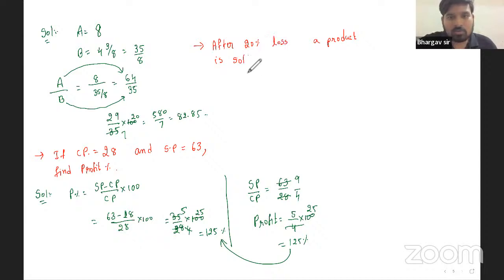A product is sold at rupees 64. Okay. Find the cost price. ऐसा एक क्वेश्चन दिया हुआ है. After 20% loss, a product is sold at rupees 64. Find cost price. Right?